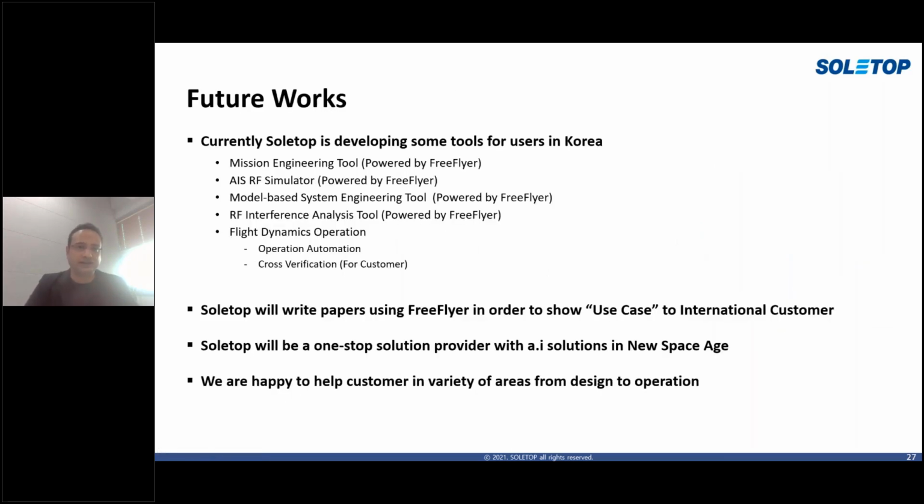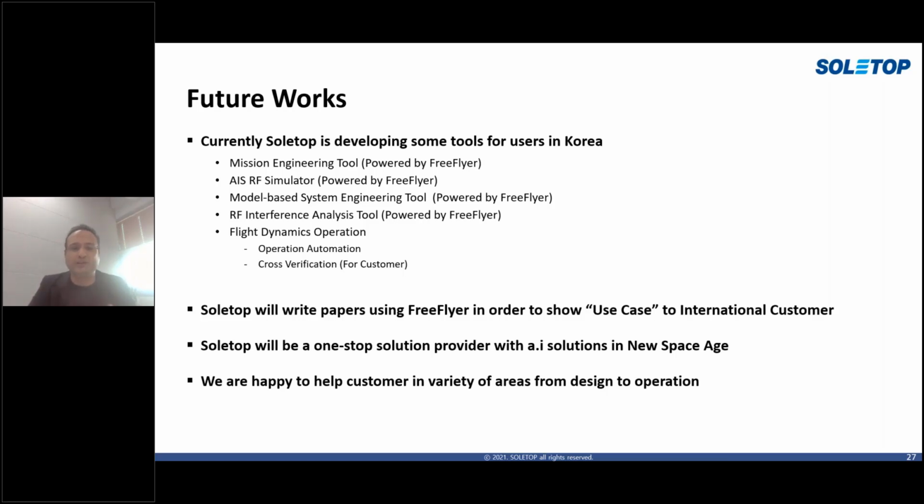Future work, definitely, as I mentioned: we are very dedicated to developing tools in Korea, and a lot of different projects are coming up. The team is also excited and enthusiastic about writing research papers using FreeFlyer to be presented to the international community.